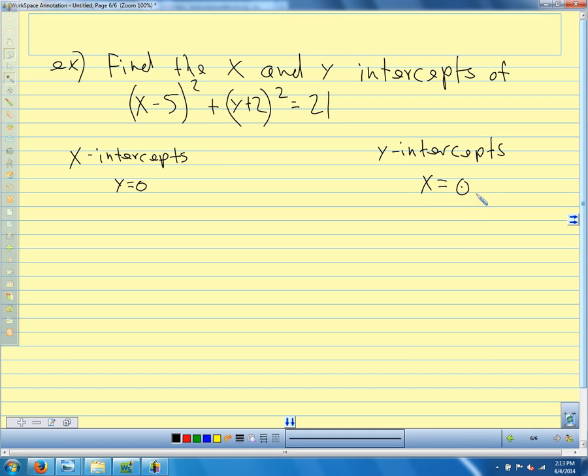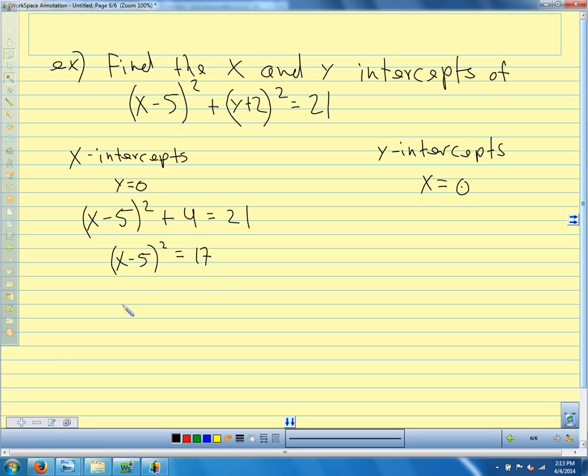So we plug those into our equation. Plug in y equals 0, for the x-intercept, so we get x minus 5 squared plus 0 plus 2 squared plus 4 equals 21. So x minus 5 squared equals 17.